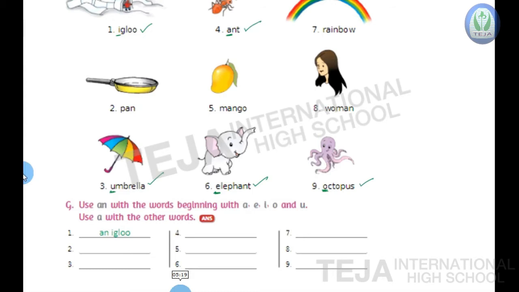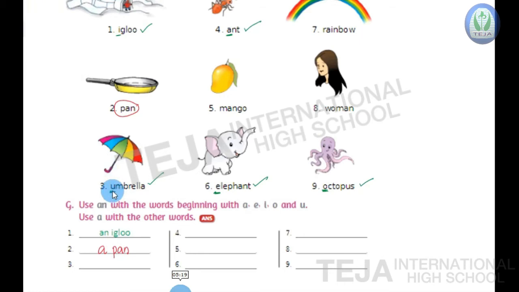So an is written. Now see the second one, children. Here the second one is pan, and the spelling of pan is P-A-N, pan. The first letter P is a consonant. So circle pan, children, as it is a consonant letter word. So a should be written before the consonant word. So write a pan in the blank.